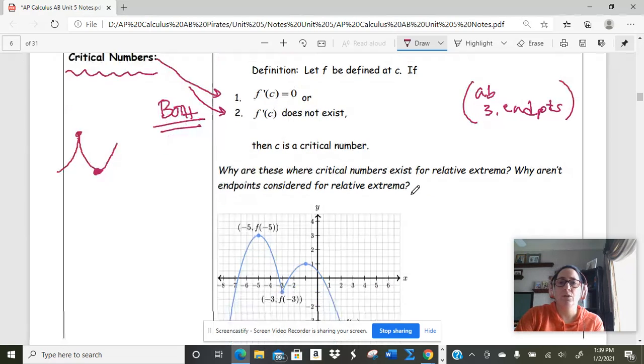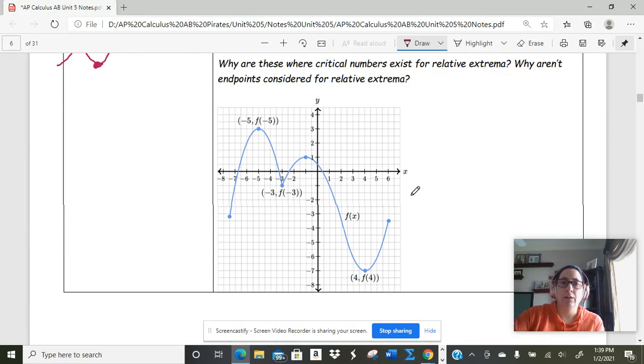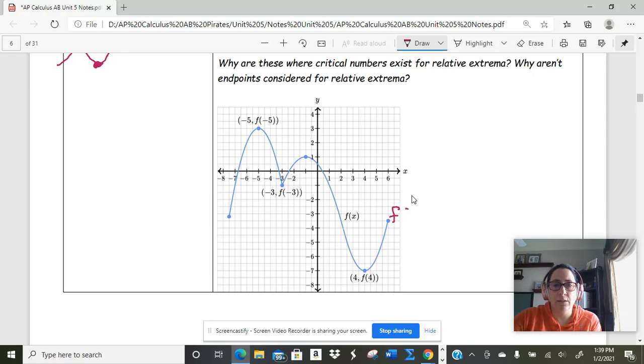Okay, so looking at this, here is my function for f of x. What are all my critical numbers? Well, when x is -5, that would be a critical number because I have a horizontal tangent.